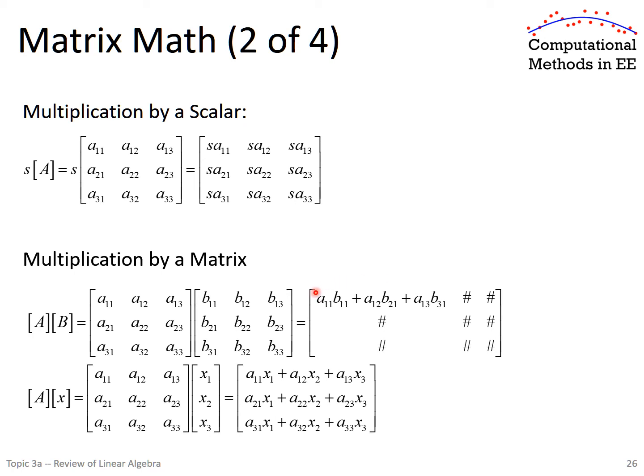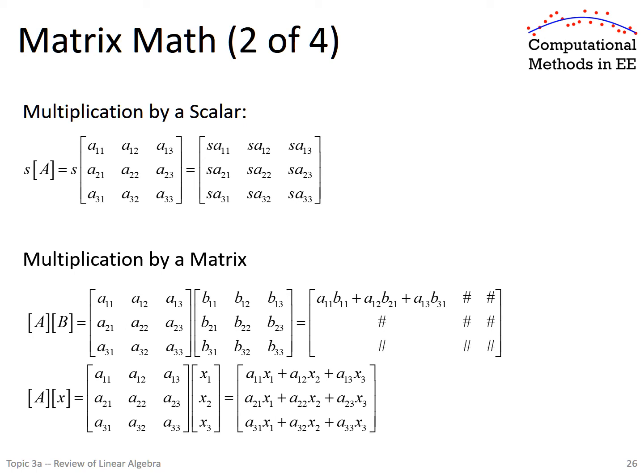To get the very upper left element, the 1, 1 element in this matrix, we will take the first row in A and multiply it element by element with the first column in B. So it's A11 times B11, A12 times B21, A13 times B31, and we get this element. And we work our way through the matrix doing these row column operations and eventually get our answer.